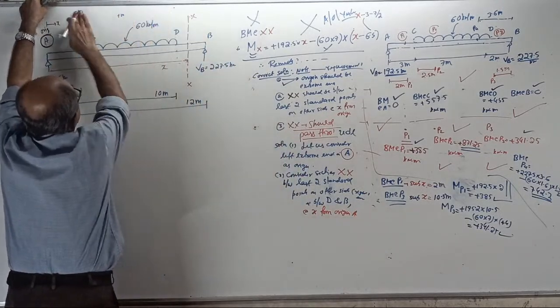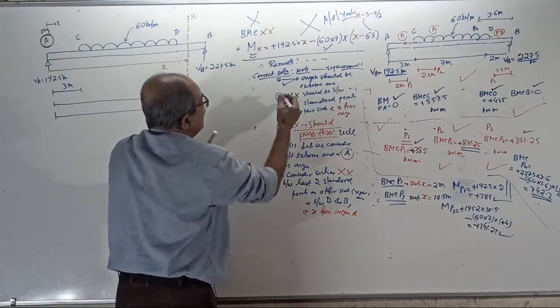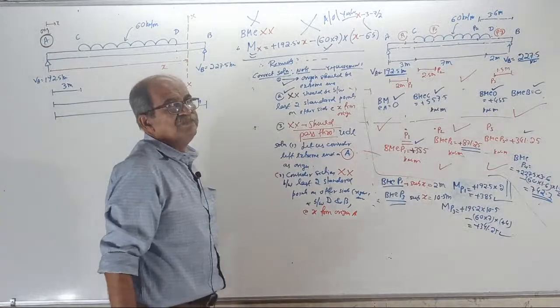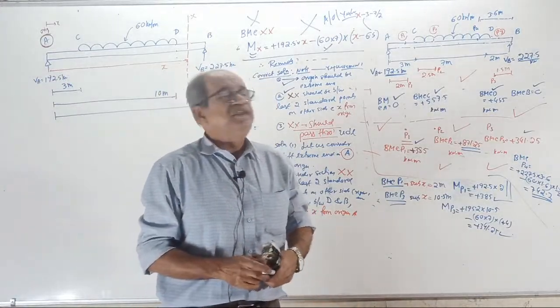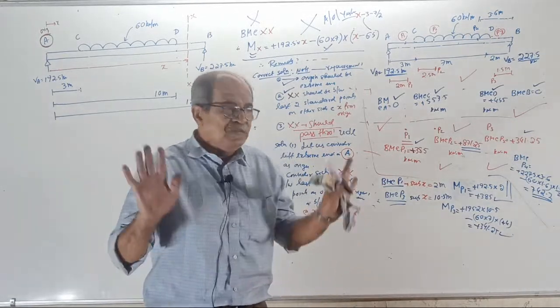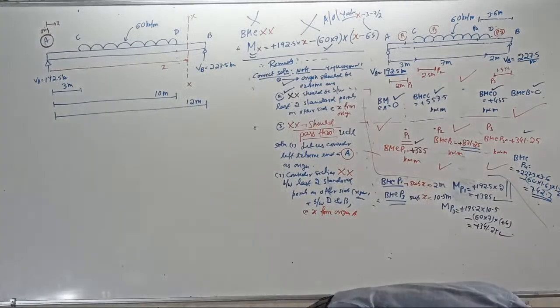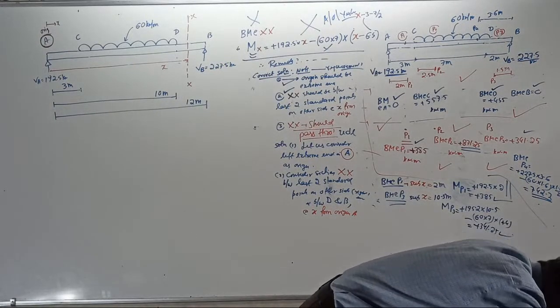This 7 is not required now. So, the second condition is also satisfied. Clear or not? The conditions of extreme end origin and section between the last 2 points are both satisfied.